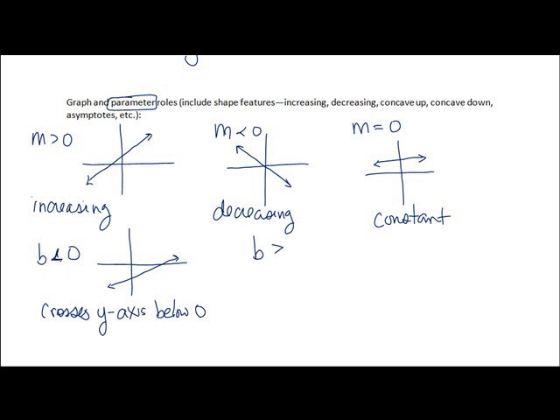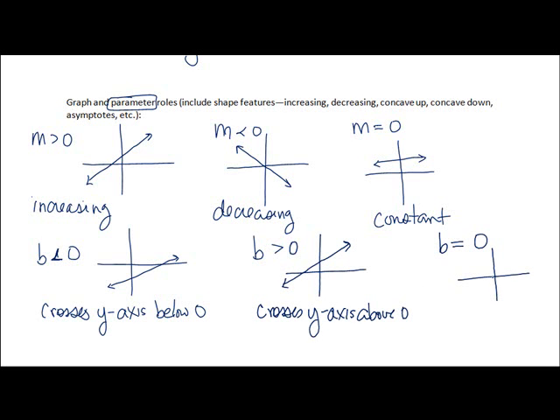If b is positive, then you know you've got a graph that's going to cross the y-axis above 0. And then, of course, if b is equal to 0, then your graph is going to cross the y-axis at 0. And I missed there. Okay, so at the point (0, 0).